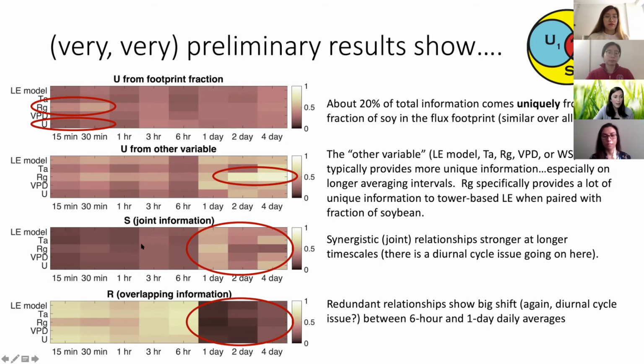So we're trading synergy and uniqueness for redundancy, depending on whether you're looking at a lower or higher timescale. And like I said, there could potentially be some type of diurnal cycle issue going on here.